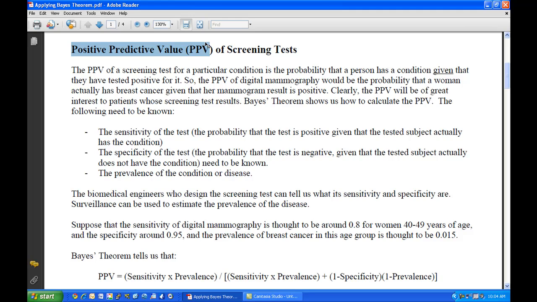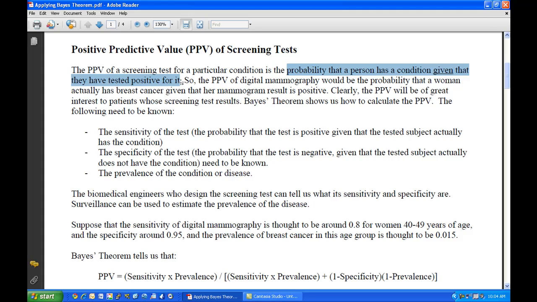What is the positive predictive value of the test? Well, that is a probability as well. It's the probability that a person who has already tested positive actually has the disease. That's obviously, from a patient's perspective, when we're talking about medical screening tests, a very important probability. If you have a screening test performed and it comes out positive, that doesn't mean that you definitely have the condition.